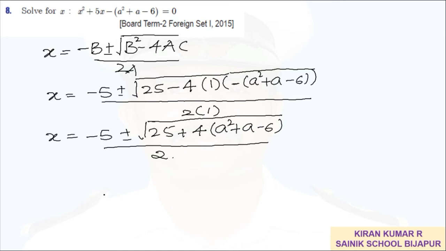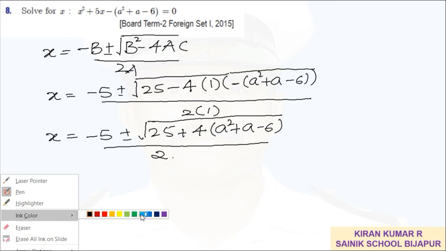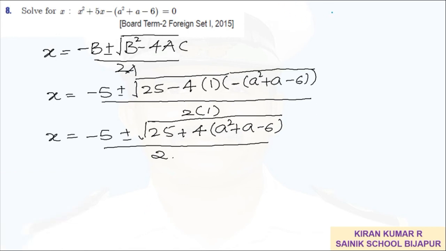Let me take the inside bracket and simplify. So it is 25 plus 4a square plus 4a minus 24. 6 4s are 24. So I'll get 4a square plus 4a plus 1. So this is 2a whole square plus the last term is 1 square.